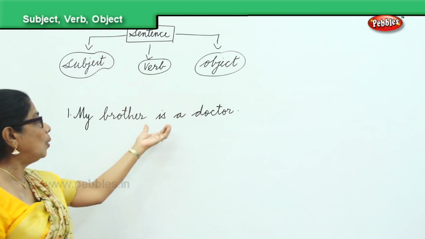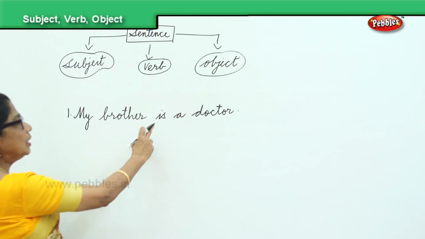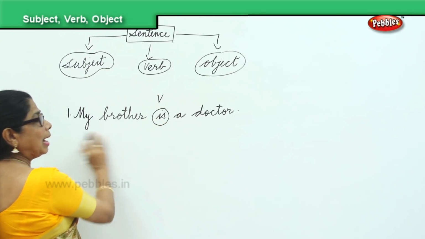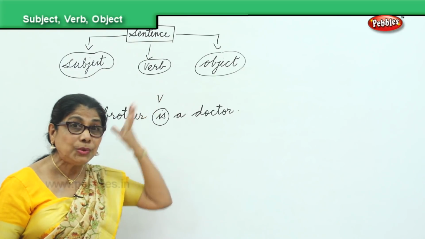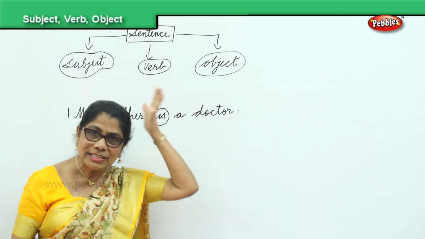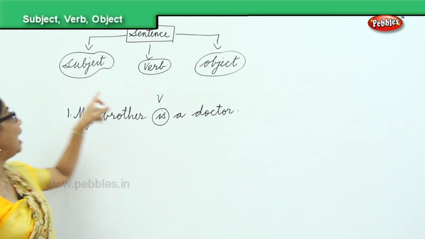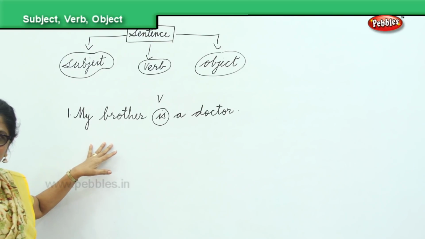And the verb, what is he? Is. So you have the verb is. My brother is the subject. And what is the object? He's treating patients. So every sentence will have a subject that almost always comes in the beginning of the sentence.